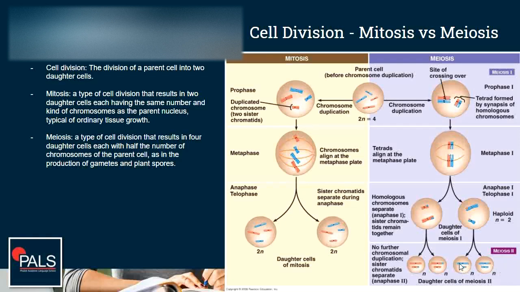And they will be genetically different from other gametes that have been produced before. Again, why is that? Due to the random assortment of the chromosome tetrads in this step. Again, whether the blue or the red chromosome, the mother's or the father's chromosome, is on the left or the right side is completely random.